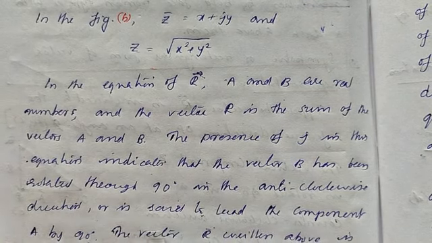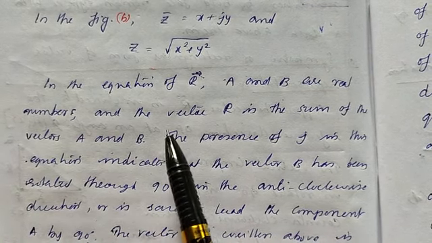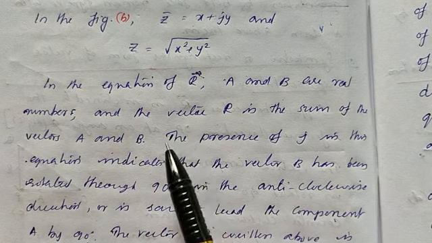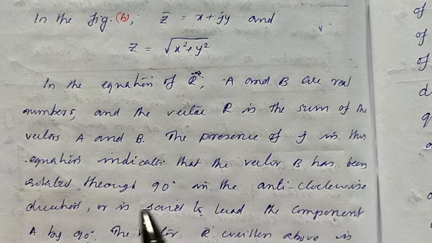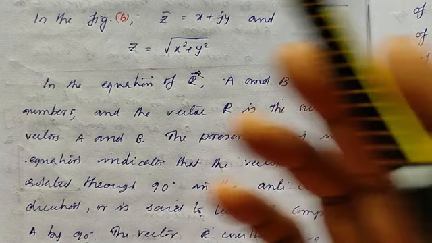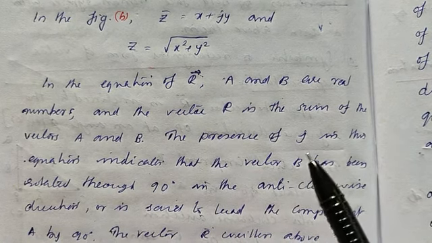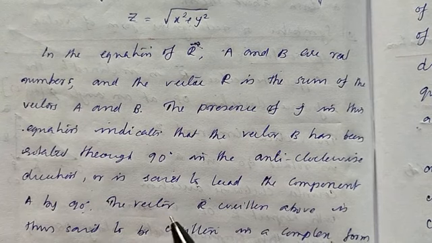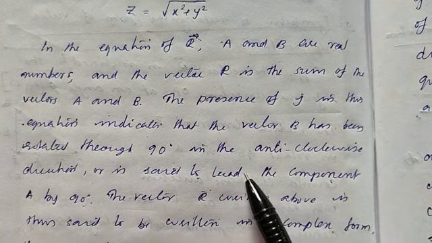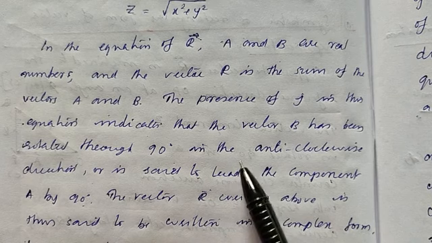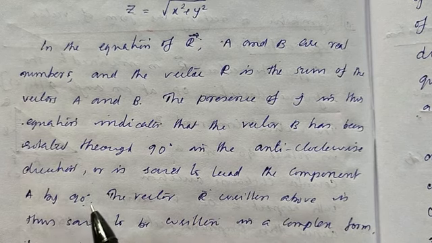So here we have seen how the vector R is represented as a combination of A and B, which is A plus jB, which means B has rotated through 90 degrees counterclockwise. Counterclockwise means in the positive direction. We can say that the component B leads A by 90 degrees.